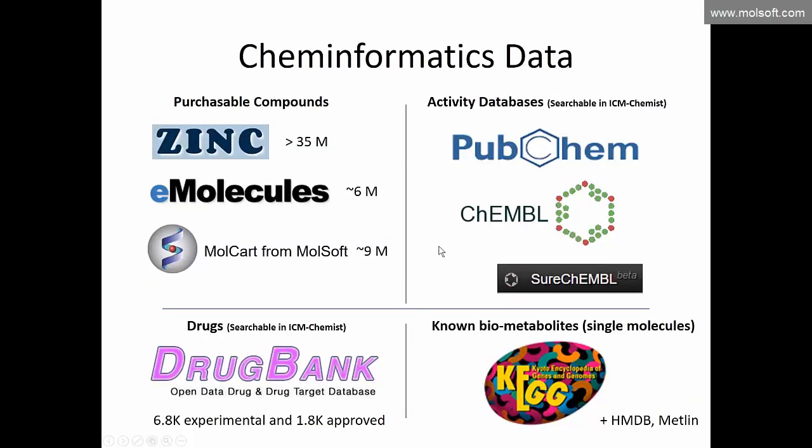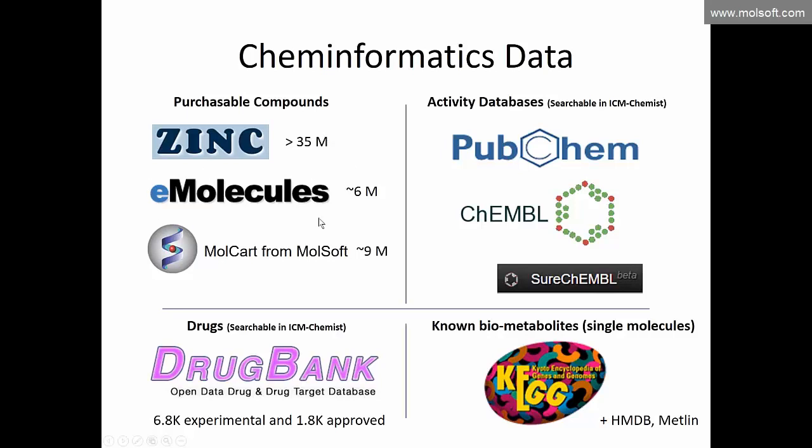So if you're new to the field and you're wondering where you can access cheminformatics data or chemical data, here are just some examples online. The biggest one is called the ZINC database, with probably more than 35 million chemicals now, where you can search and download chemicals in SDF format. And ICM-Chemist understands SDF format, which we'll see in a minute.